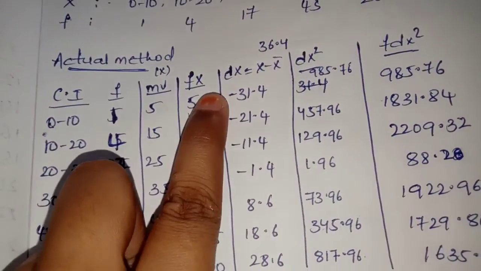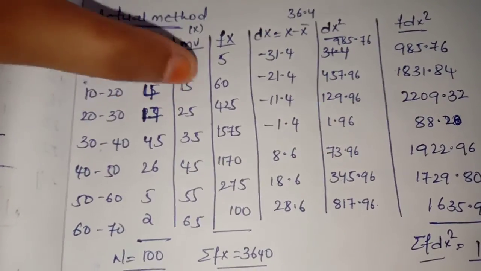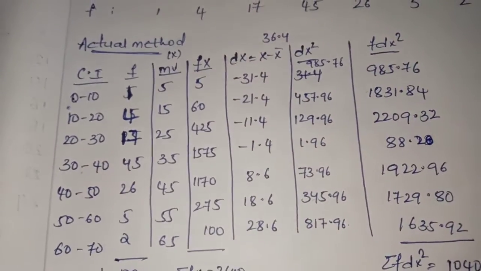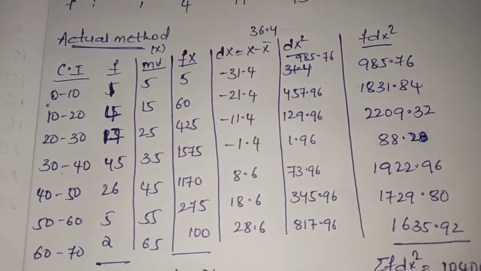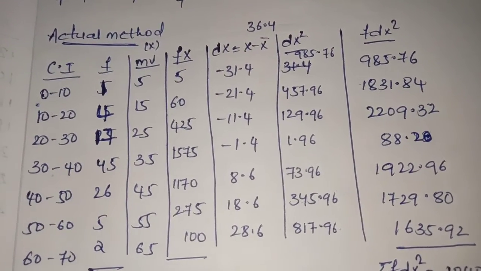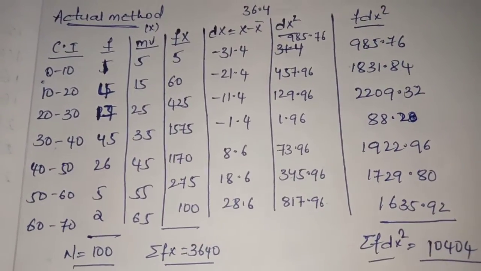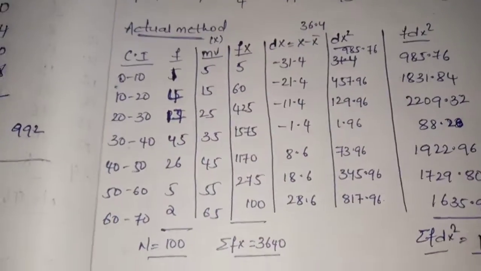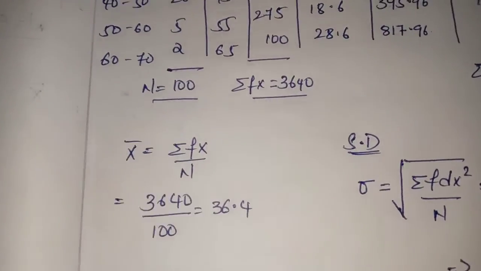Now we have to find out fx, frequency into mid values. 1 into 5 you will get 5, 4 into 15 is 60, 17 into 25 is 425, 45 into 35 is 1575, 26 into 45 you will get 1170, 5 into 55 is 275, 2 into 65 you will get 130. The total of fx you will get 3640. 3640 divided by the frequency total 100, you will get 36.4.